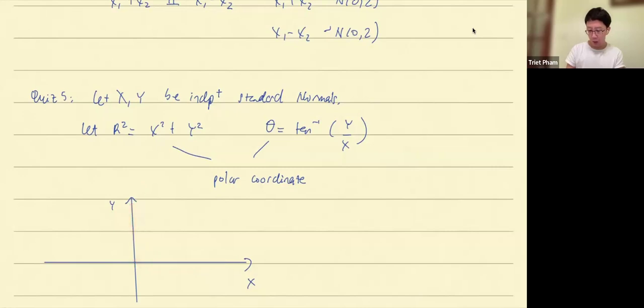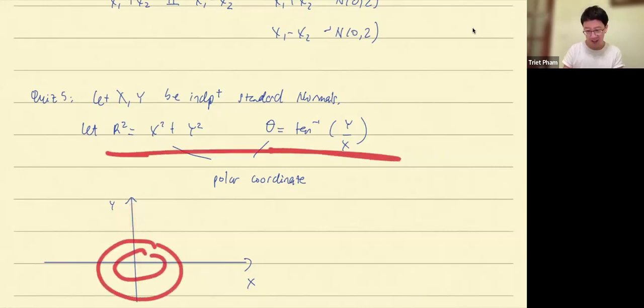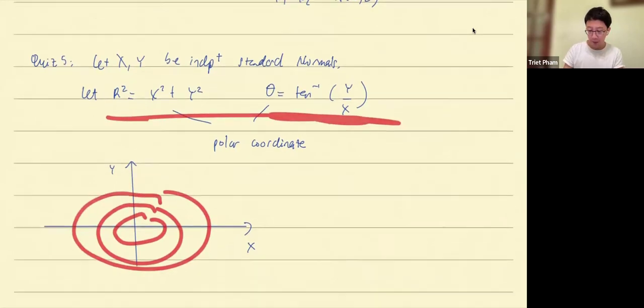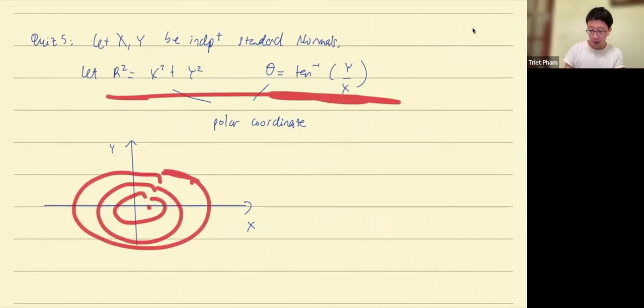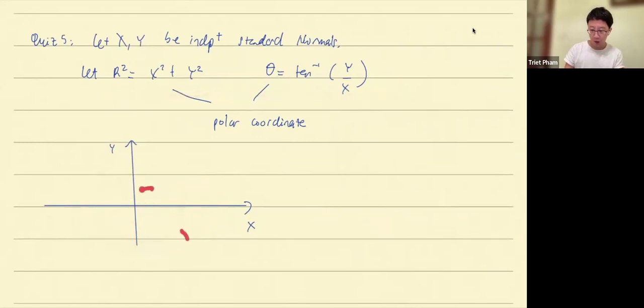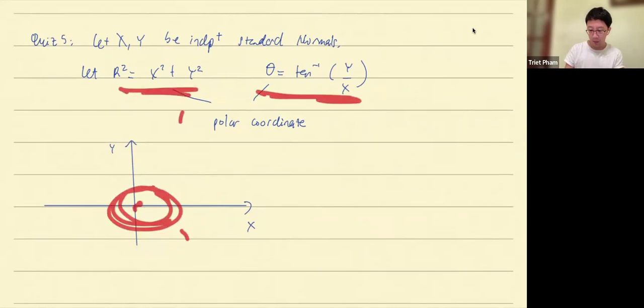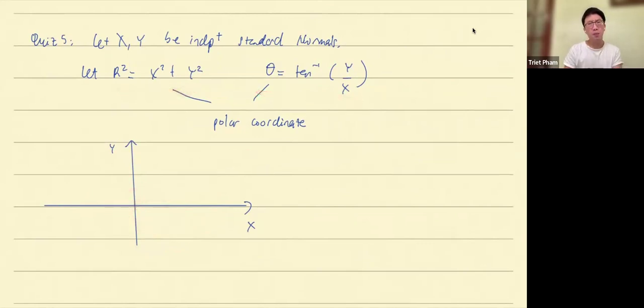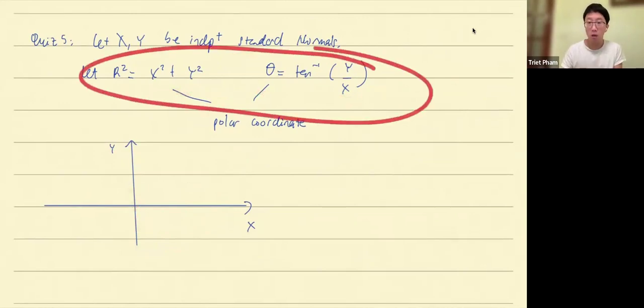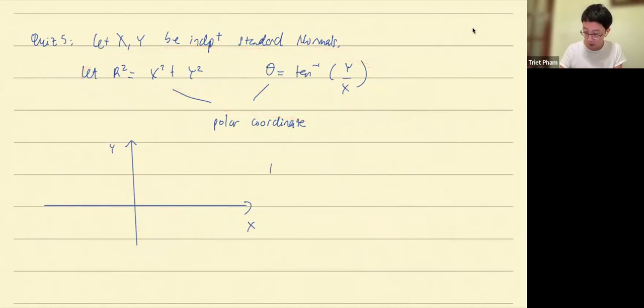As you'll see, it's equivalent to sampling the points along circles, where the angle will be sampled uniformly, and the radius will be sampled according to, I believe, an exponential distribution. But we'll see, that's actually the outcome of this. So the question, of course, is to find the joint distribution of r squared and theta.